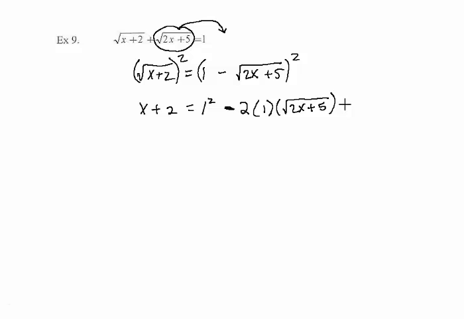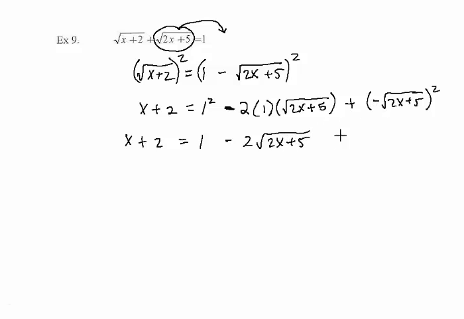The last term of the trinomial is going to be a negative square root of 2x plus 5 squared. Okay, square the second term of the binomial. Cleaning this up, we have a 1. We have a minus 2 square root of 2x plus 5. And then here we square a negative and a square root, so we're left with just a 2x plus 5, the inside of the radicand, or I'm sorry, the radical.